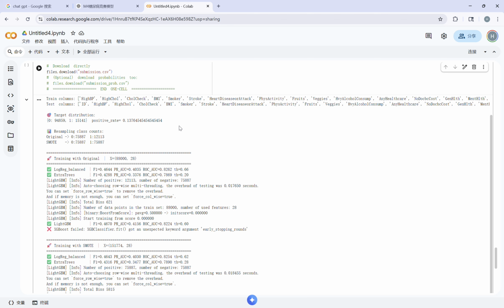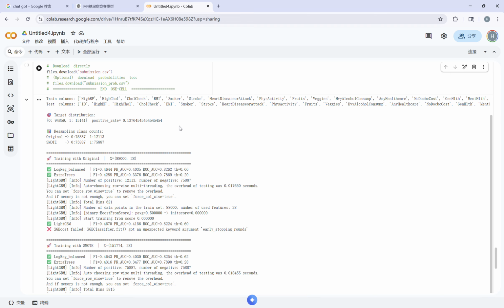At this point, we address the biggest modeling challenge, imbalance. Instead of assuming one approach is best, we evaluate two training settings. The first is original, where we keep the natural imbalanced distribution. The second is SMOTE, where we oversample the minority class by creating synthetic positive examples to balance the dataset.